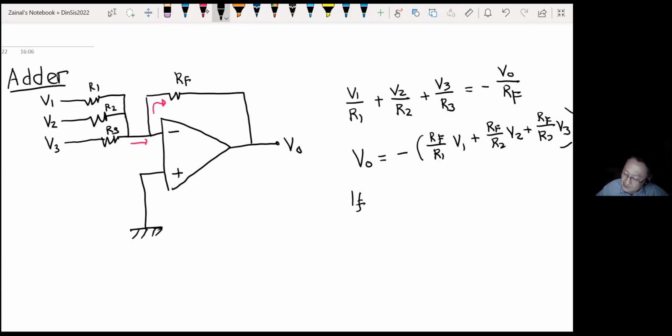If you choose R1 equal to R2 equal to R3 equal to RF, then VO is just the same as minus (V1 plus V2 plus V3). This one is called summer.